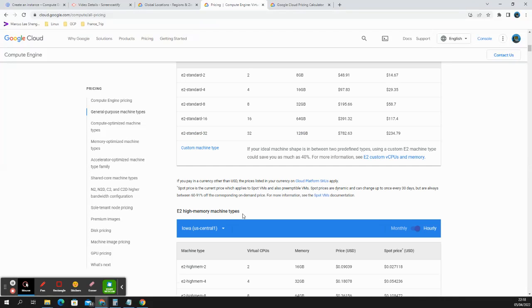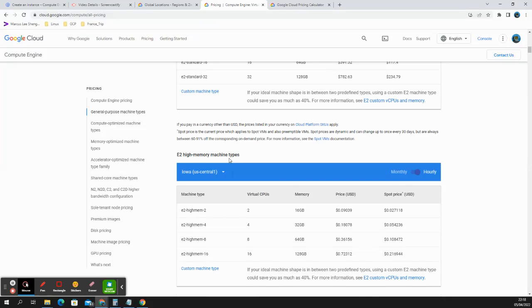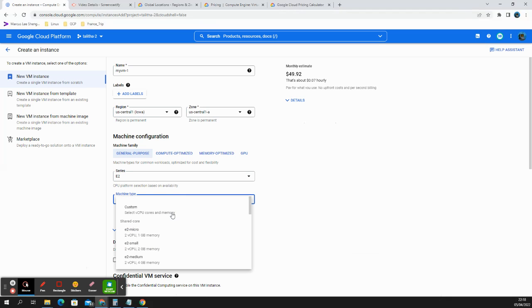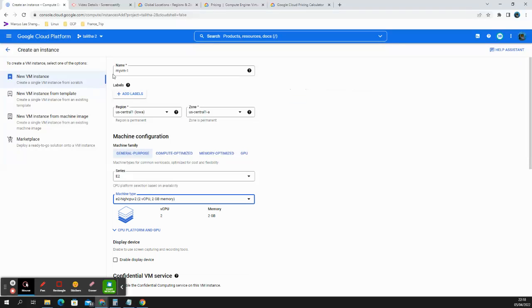Obviously, if you want to upgrade, you're going to go for the E2 high memory machine types, which you just toggle here, and then you can pick the machine you want, high CPU machines, and toggle to which region or zone you wish to have it.